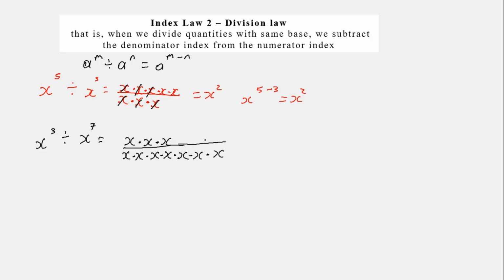Let's draw our line, and we still subtract. Seeing that the x is in the denominator position, our answer would be x to the negative 4, since there are 4 extra below. That is the same as saying x to the 3 minus 7, which is equal to x to the minus 4.